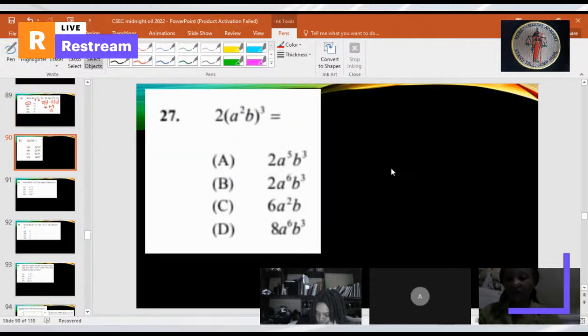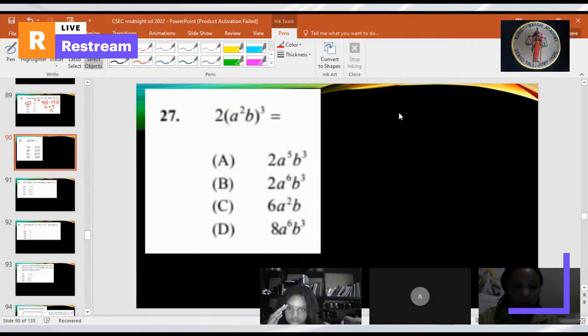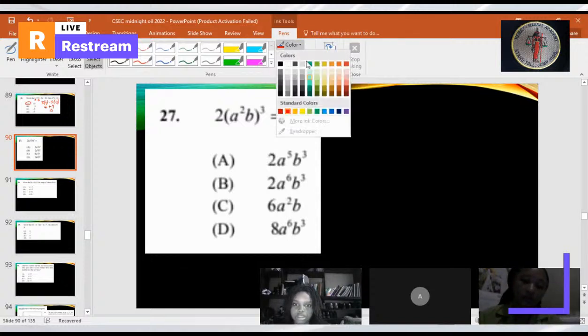All right. Number 27. 2 bracket a squared b cubed, close bracket. Could you speak up a bit, please? Okay, miss. 2 brackets 2 times a squared b cubed.